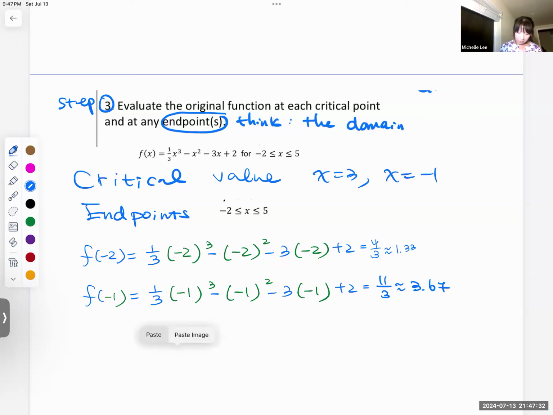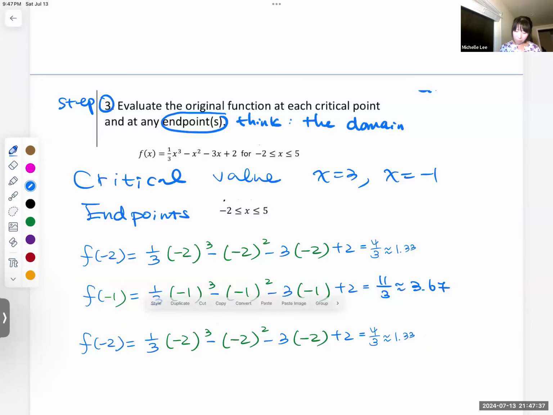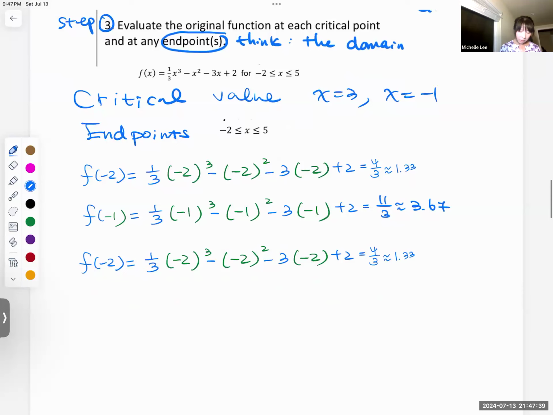Okay, how about the next smallest one, which is 3, right? 3, 3, 3, 3. So we get -7, f of 5. Oops.